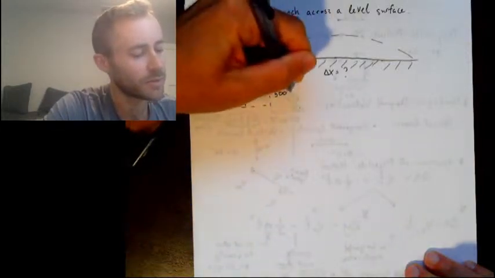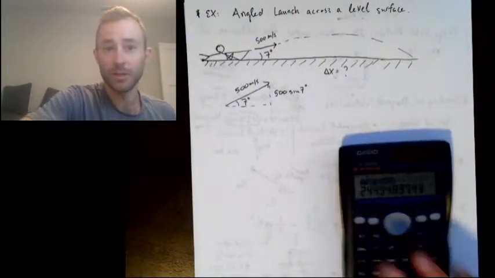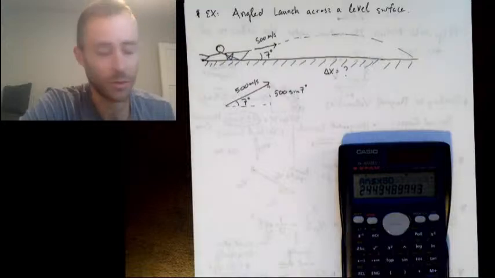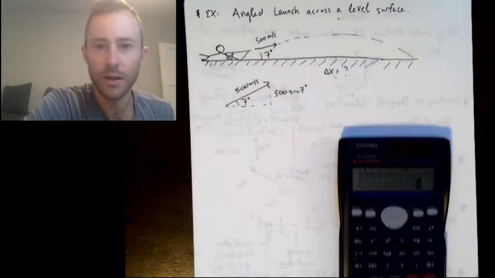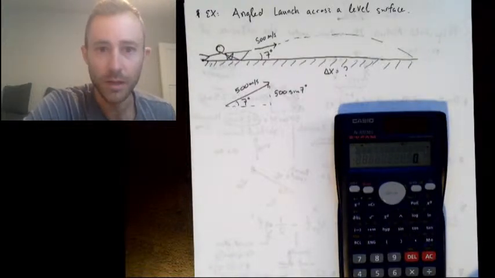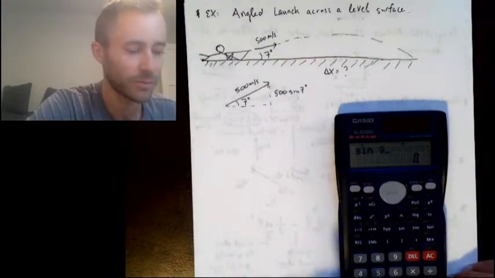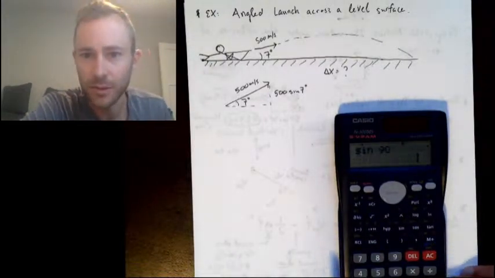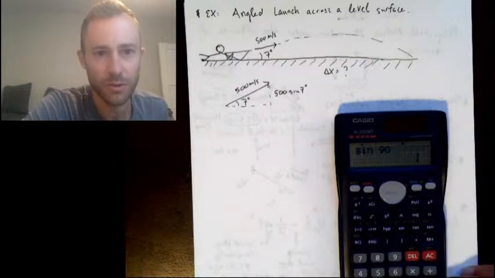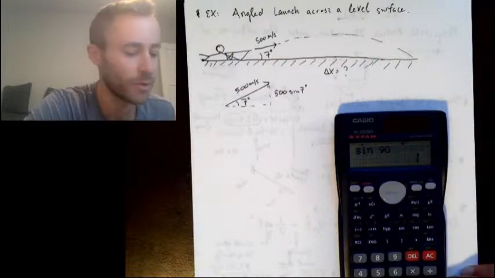Because we're using trig functions, you want to make sure that we're in degree mode. A great way to check is to do sine of 90 degrees, which is 1. So I feel confident that I'm in degree mode.